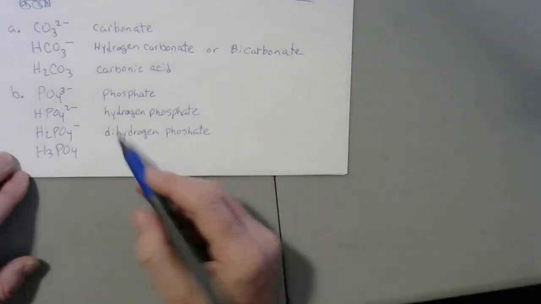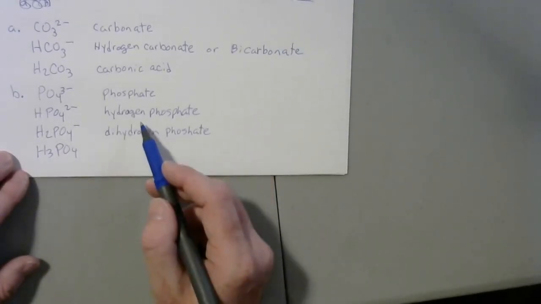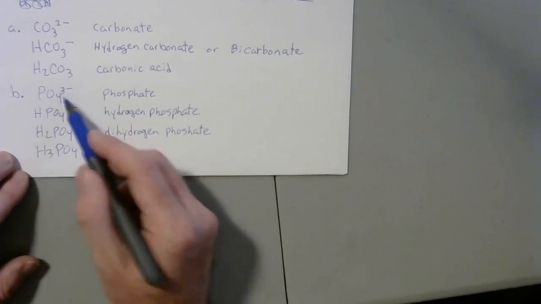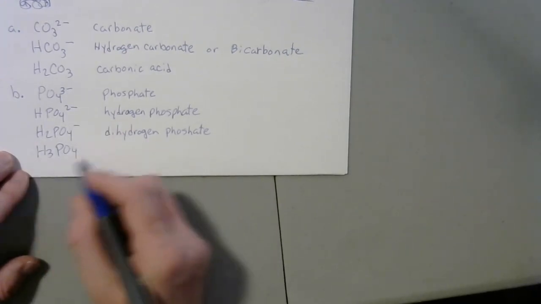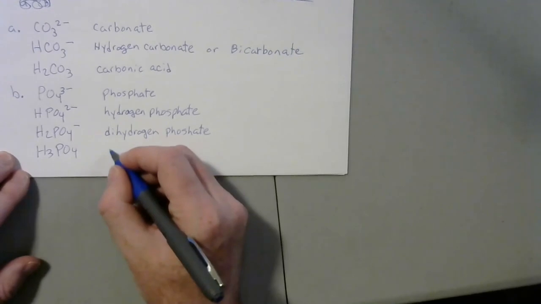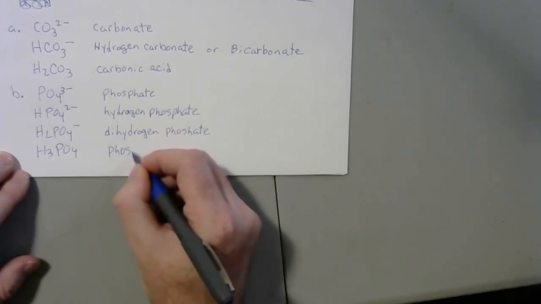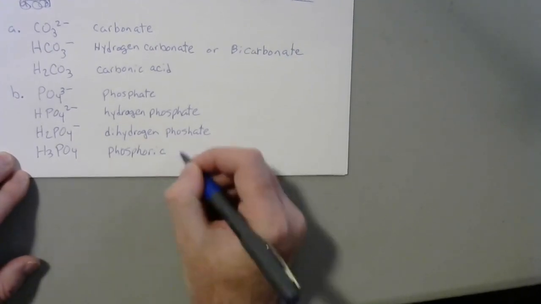And remember, I didn't say bi for this one because you don't usually do that if you start with a -3 charged ion. If we cancel out all the charge, again, it's an acid, and this one happens to be called phosphoric acid.